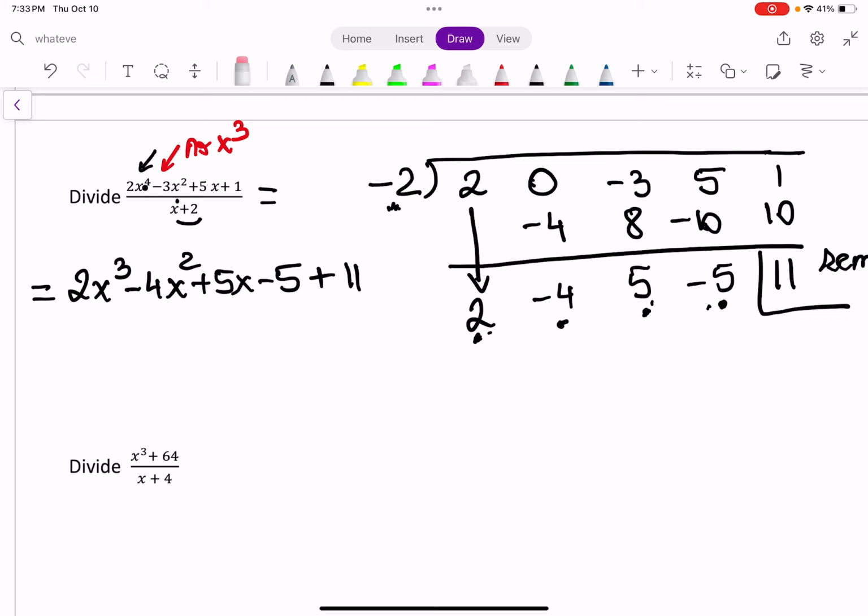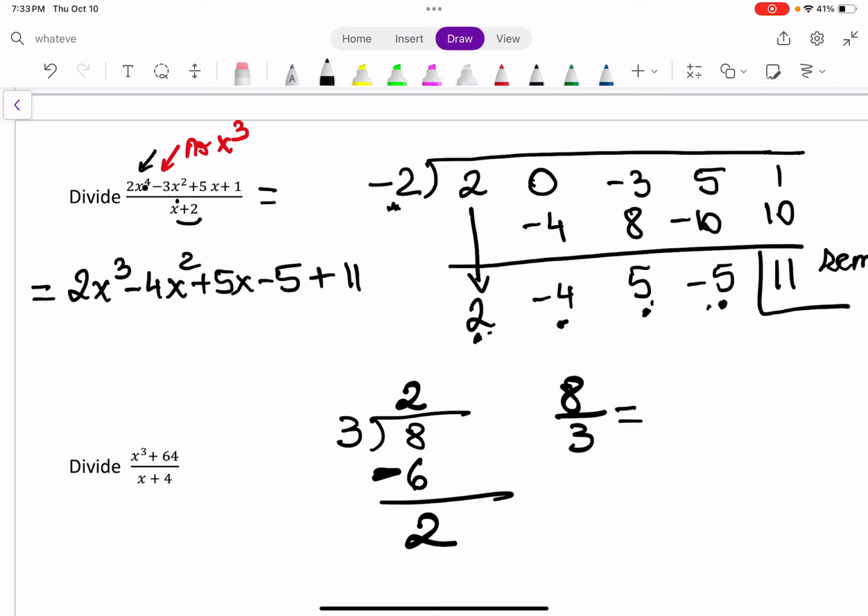So again, kind of think like here. If 3 goes into 8, let's just pick something easy. 3 goes into 8 2 times, yes, that's a 6. And then when you minus it, there's a remainder of 2. So how do we write this division? 8 divided by 3 is equal to what? 2.